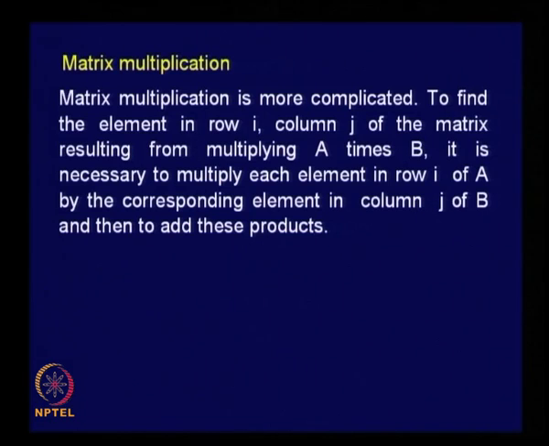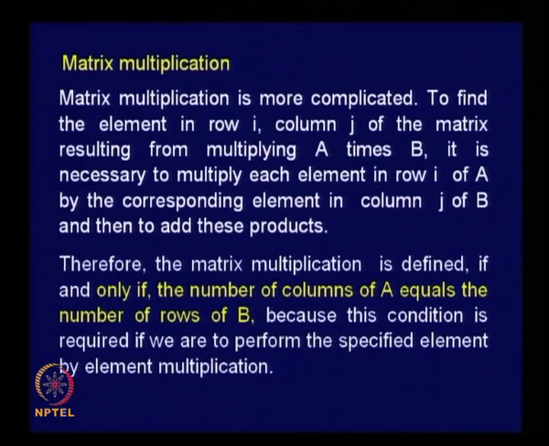So, the columns of one matrix are related to the rows of another matrix. Unless there is some connectivity between these columns and rows, we will not be able to really do multiplication, right.